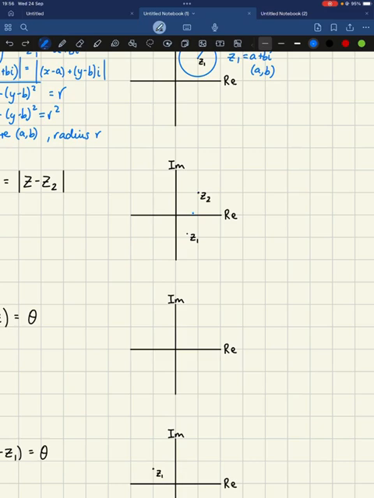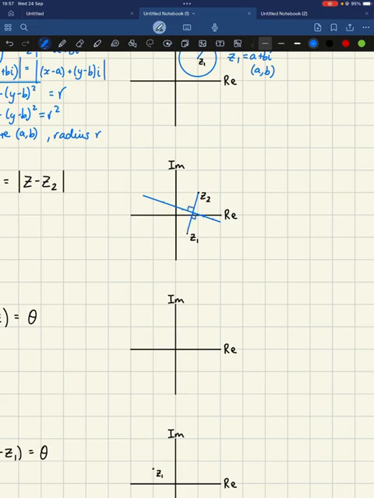But that's not all. It would also be equal around over here. This distance over here will be equal to this distance over here. And there are different points where z could be, where the distances are equal. And they form this line. Now what is this line? This line is the perpendicular bisector of the line joining z1 and z2.